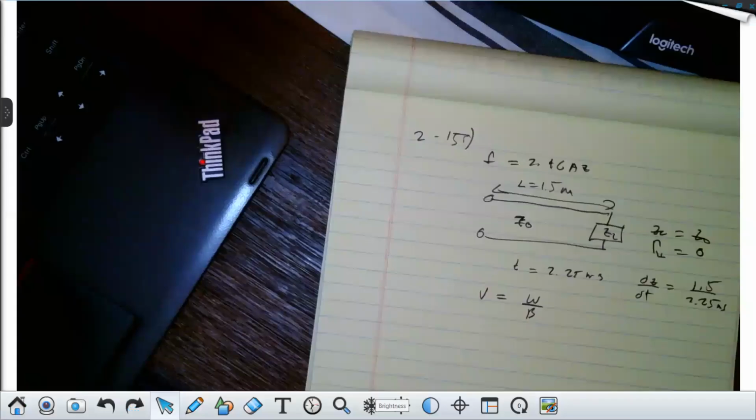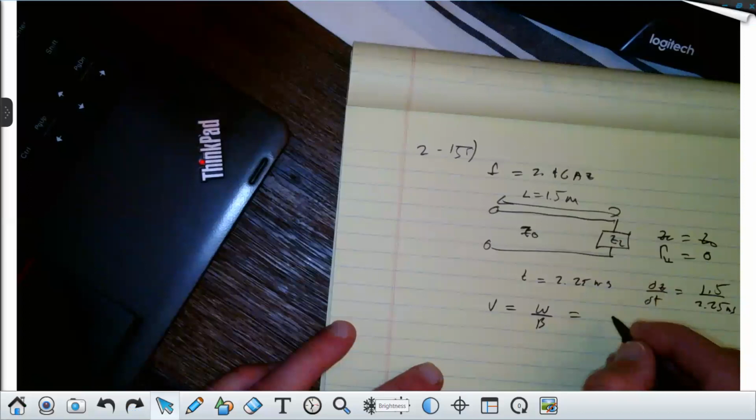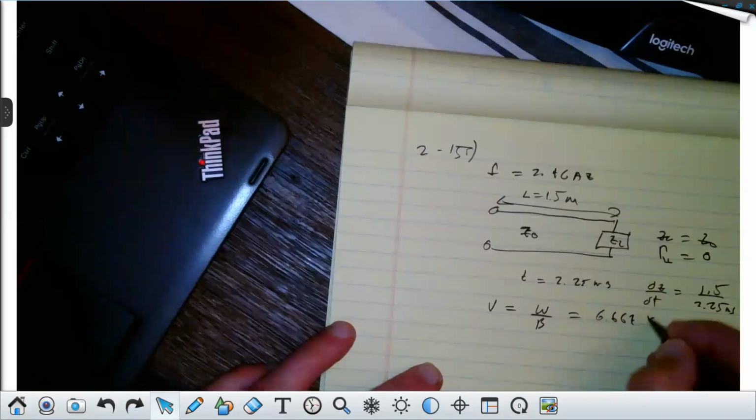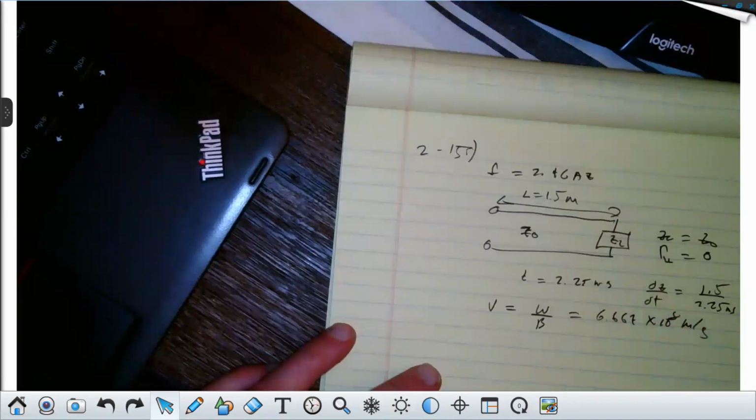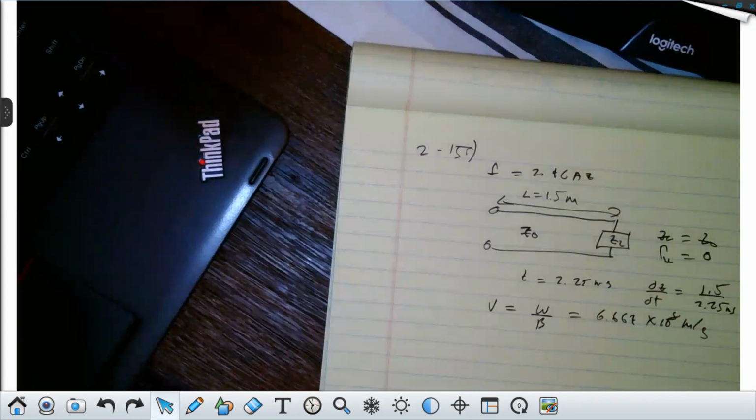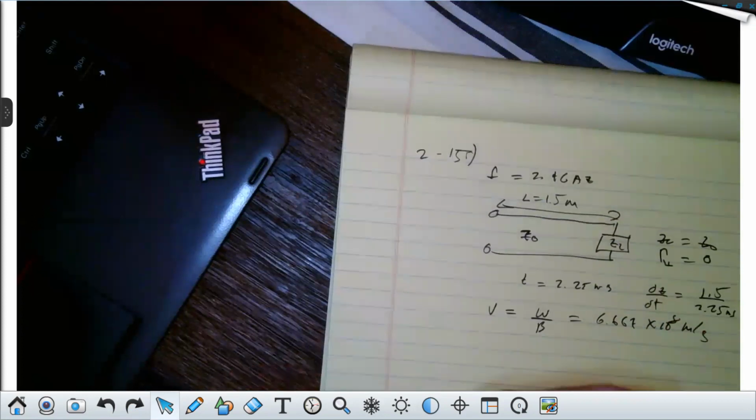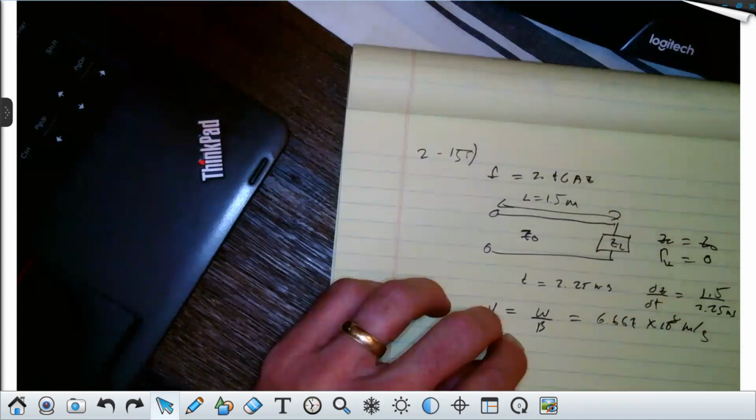That means V phase is 6.667 times 10 to the 8th meters per second, which makes no sense because that's faster than the speed of light, isn't it? 3 times 10 to the 8th meters per second is the speed of light. So this makes me think that maybe that 6.25 was an adjustment Whitworth made in a later edition, because this problem would make no sense. You would have a velocity greater than the speed of light.